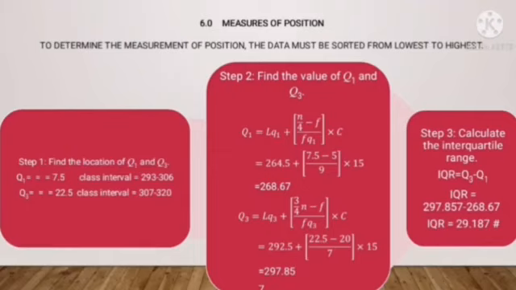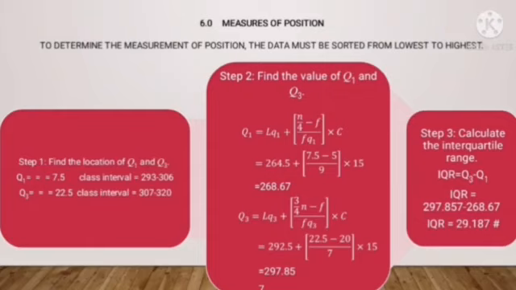So the class interval for Q1 is 293 until 306. Q3 equals 3n over 4 equals 3 times 30 over 4 equals 22.5. So the class interval for Q3 is 307 until 320.